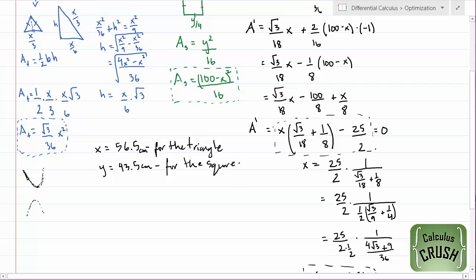So if we take a look at this derivative function and figure out where it's positive and negative, then we can decide if this value here is a minimum or a maximum. So remember, if your function is decreasing, then the derivative is negative. If your function is increasing, then the derivative is positive. So we need to figure out where this derivative is positive and negative. In order to do that, we can just draw a number line.